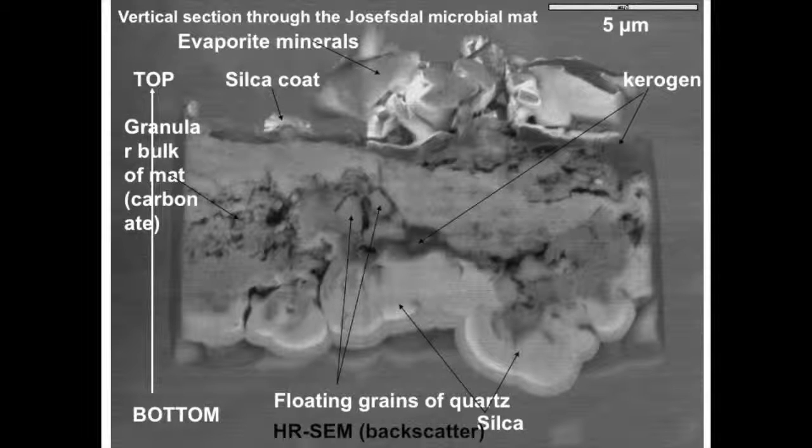The lower layer, which has been replaced by granular calcium carbonate, represents the layer of degraded organic matter that has been remineralized. It's been oxidized by the heterotrophs, and most likely sulfate-reducing bacteria.